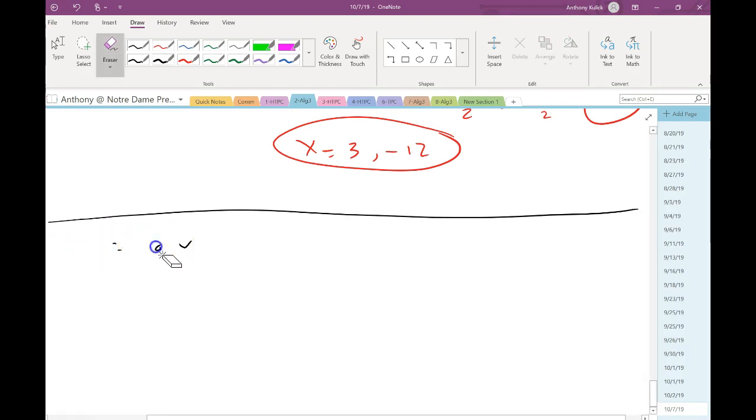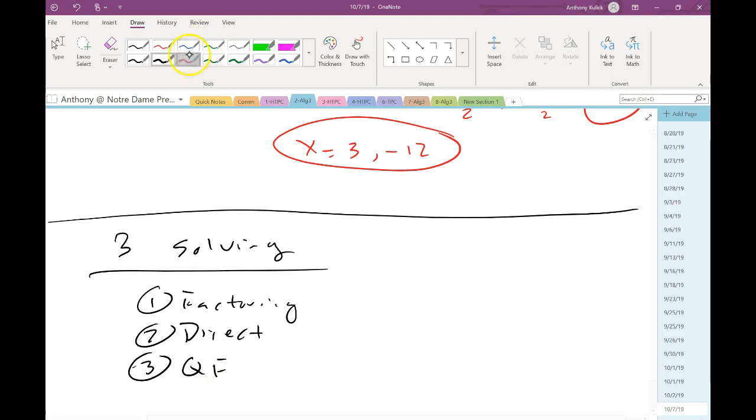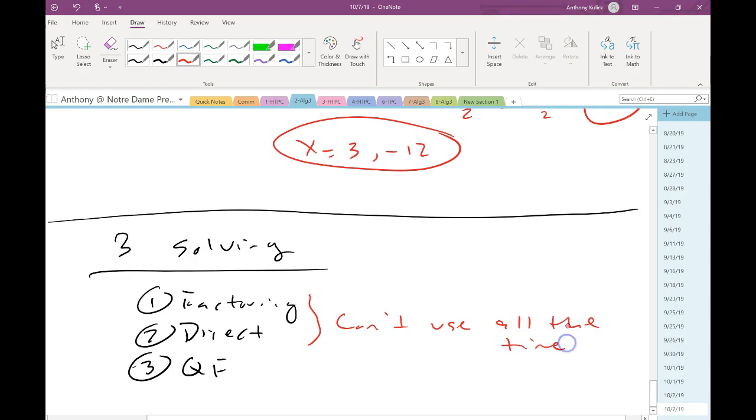So to recap, we have 3 solving techniques that we've talked about: factoring, direct, and then the quadratic formula. The catch here with these 2 is you can't use them all the time, but they're really pretty quick.